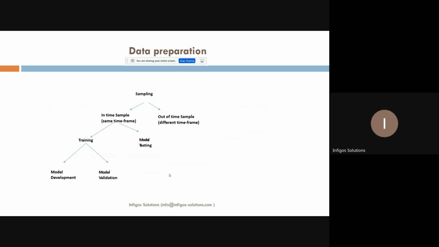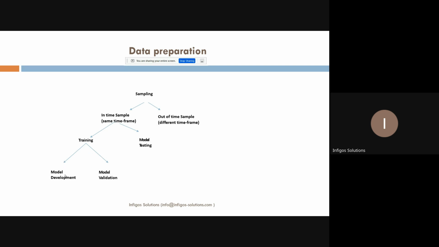So once you have the sample, you will have one in-time sample and one out-of-time sample. In-time sample means a same time frame sample. Out-of-time means a different time frame sample. Here you will take two parts, one for model testing, one for building the model.